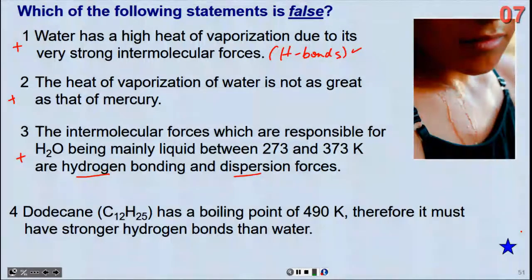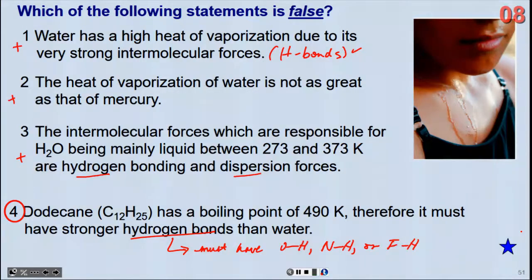Well, that cannot be true, because any compound that has hydrogen bonds must have oxygen with a hydrogen attached, nitrogen with a hydrogen attached, or fluorine with a hydrogen attached. None of those are present in a compound with only carbon and hydrogen, so that cannot be true. So this is false. It has a higher boiling point for other reasons, namely London forces.